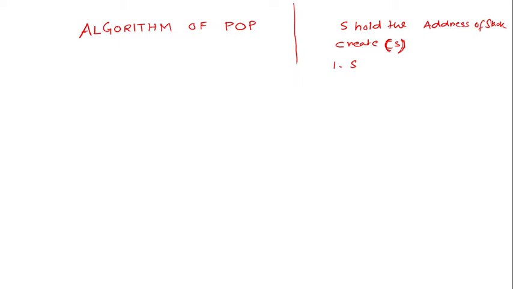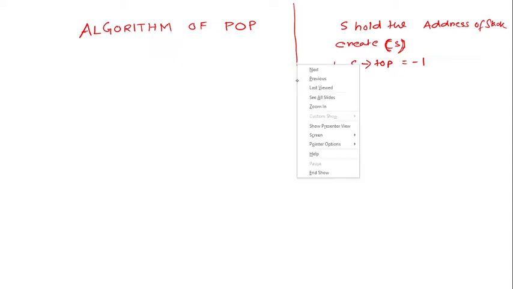So you can write it this way: S top is equal to -1, and this is end. Just I am creating the stack: create S and S top equal to -1 and end. So this is a simple algorithm. Just I am creating the stack and storing the value of top here.